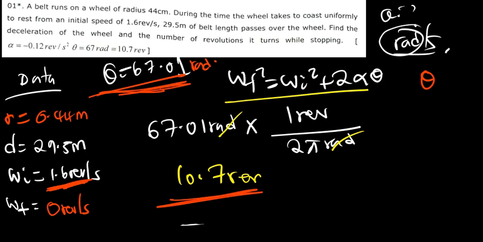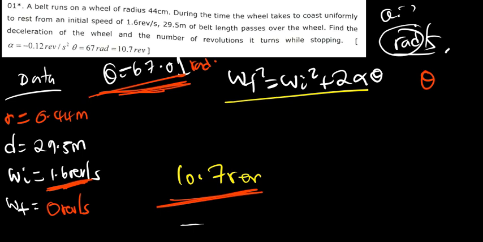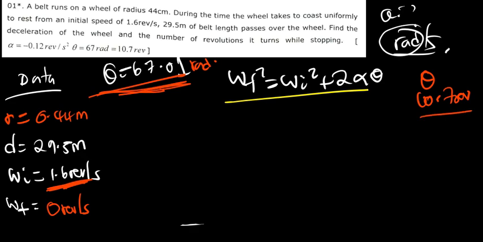We can go ahead and solve this one now, right? Since I'm going to use theta to be 10.7 revolutions, let's see what we're going to have. The final omega is 0, the initial is 1.6, but I have to square it, plus 2 alpha, which we don't know, times theta, which is now 10.7.